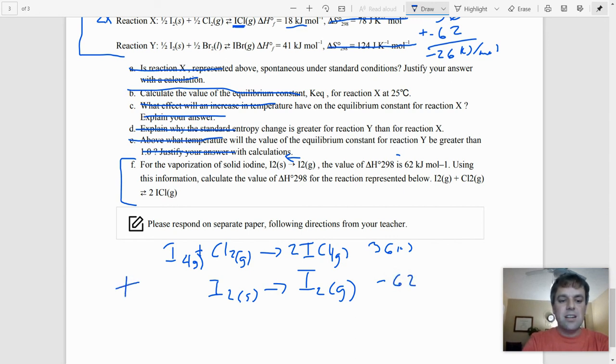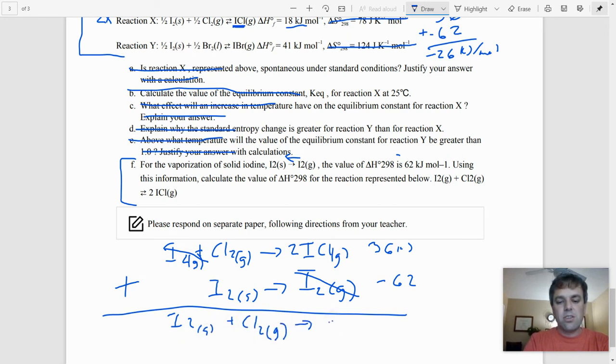If we add all of this together, our I2 gases cancel out, leaving us with I2 solid plus Cl2 gas makes 2 ICl gases. So hopefully that makes a little bit of sense for you. I've got a few problems for you to take a look at and see what you can do with them.